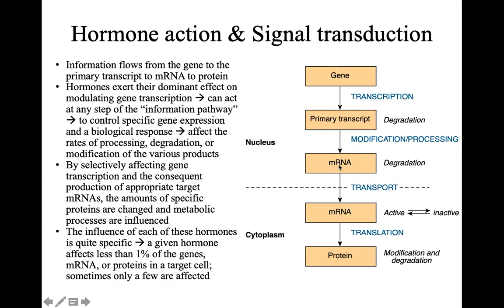It means that you need to collect and package the information and send the message, because this is not the final stage. Once this has been transcribed into smaller information, the mRNA needs to send the message that it received from the gene into the cytoplasm. And this is where the final stage comes into action. We call it the translation of the mRNA into the protein.